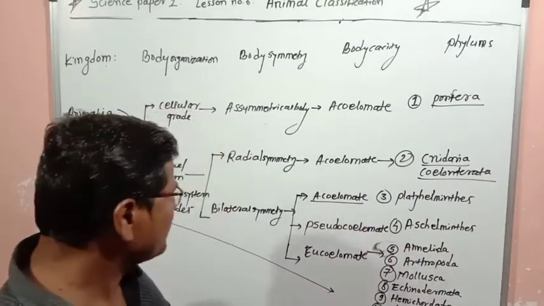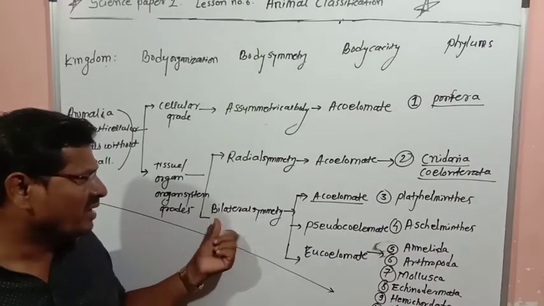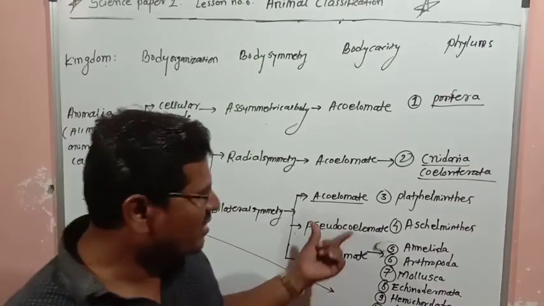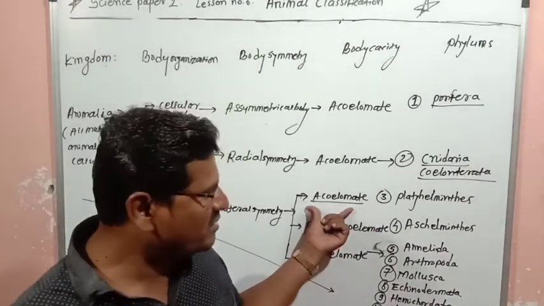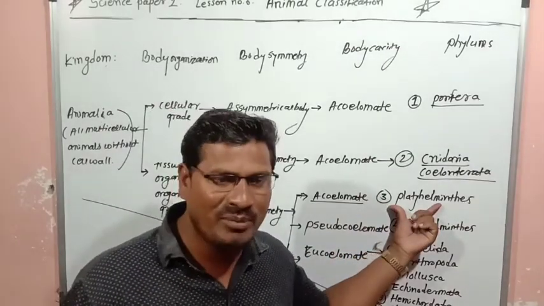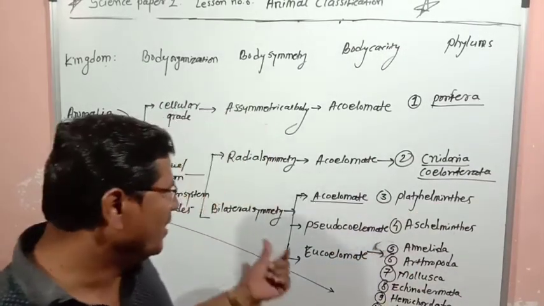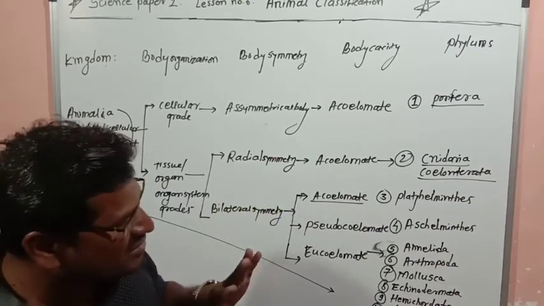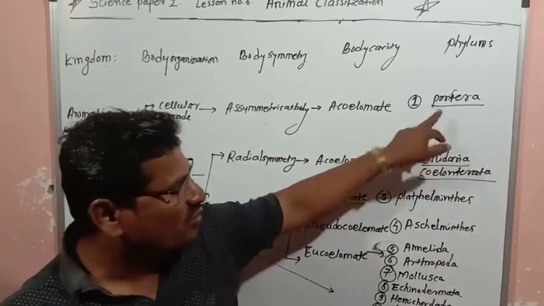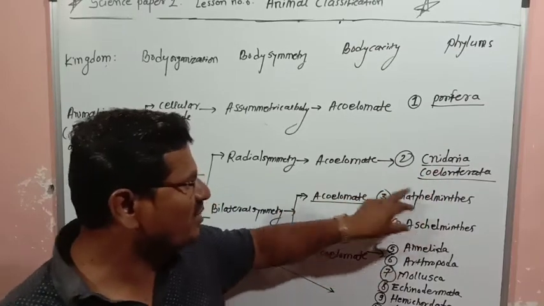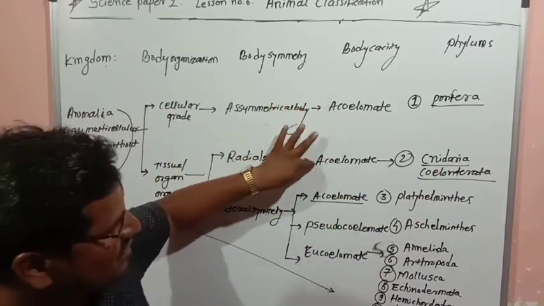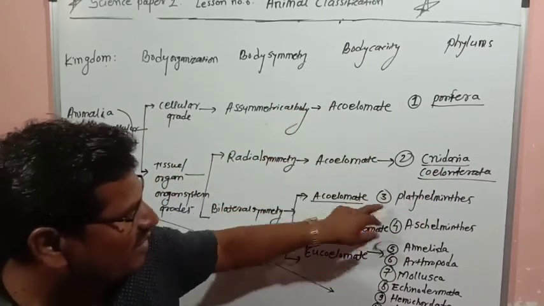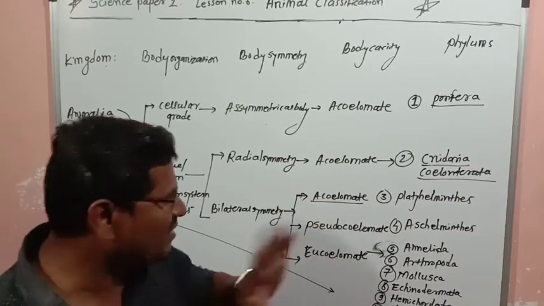Bilaterally symmetrical acoelomate is Platyhelminthes. So you have to remember just three phyla: Porifera, Cnidaria, Platyhelminthes. These are acoelomate.